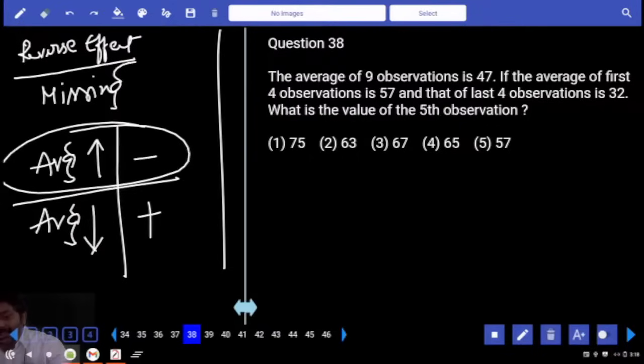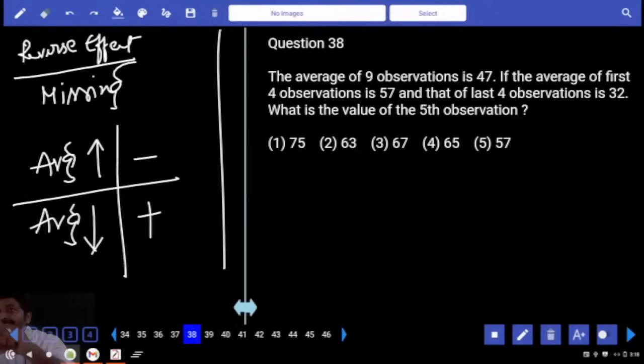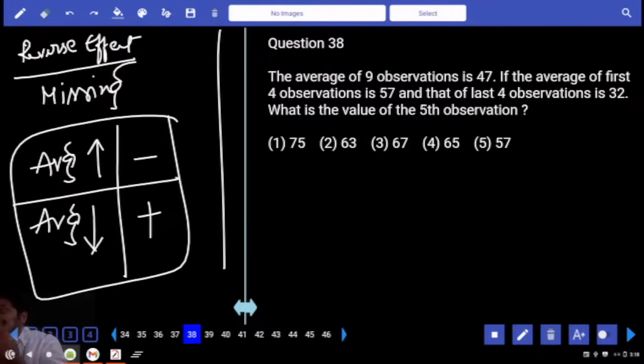If other people average is less, your value is increasing. This is what reverse effect. And it will happen in which case? Number missing case. If it is number repeat case, direct effect. You got it? So try to remember one effect, the other easy. Is it clear? Right, next.